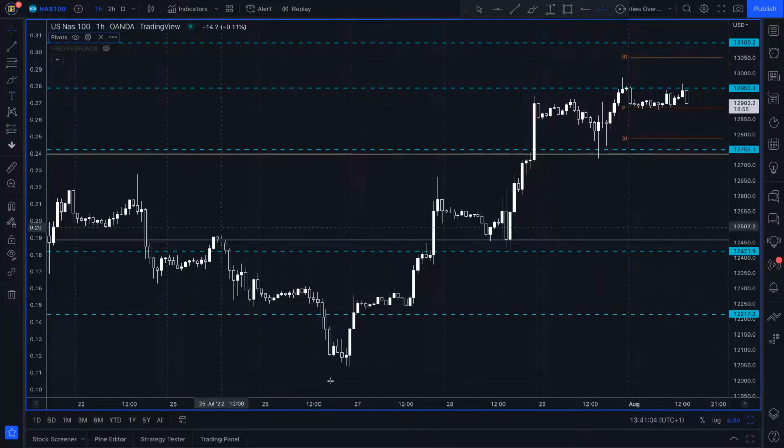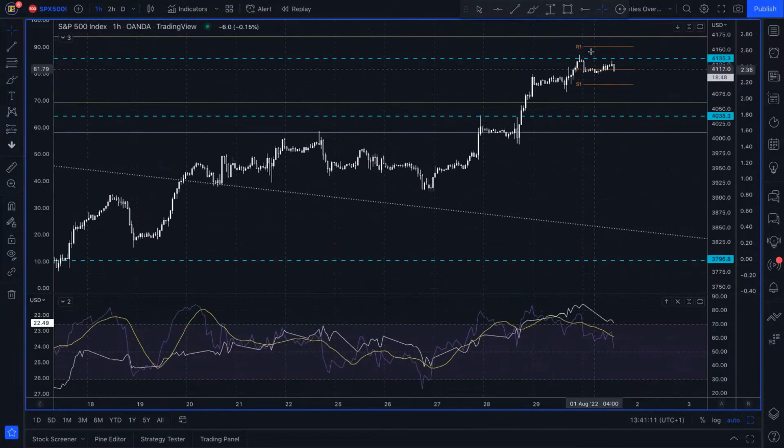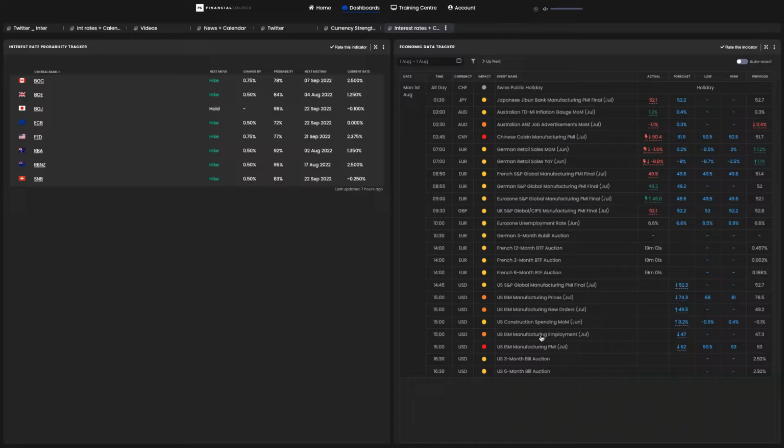Similarly with the S&P 500, it would be looking at taking profit up at 4150. Okay, so all we're looking for here is a miss in the ISM data, and that's it. Get a miss, and that will be buying silver at market, taking profit at the R2 pivot point, and the same with the S&P 500 and Nasdaq.